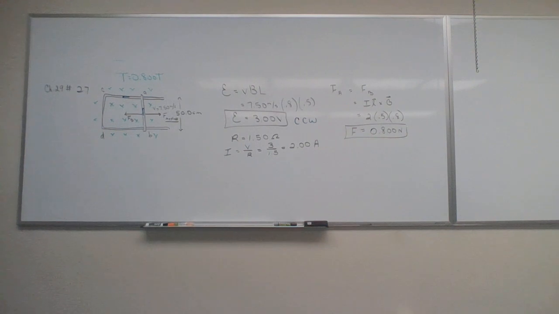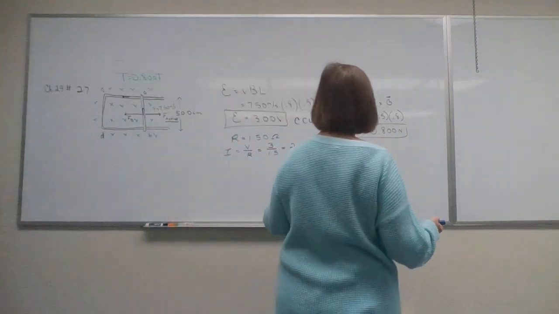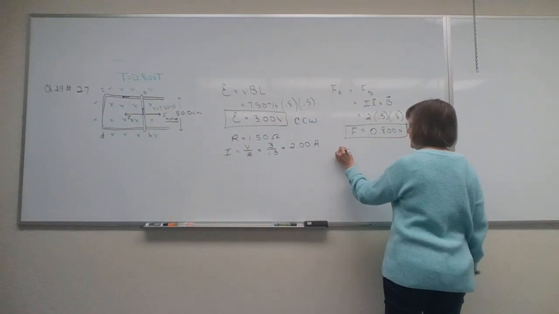And then finally, they have one more question. It says, compare the rate at which mechanical work is done by the force FB with the rate at which thermal energy is developing in the circuit, I squared R. So they want me to compare the power of FB, which is for the rod.